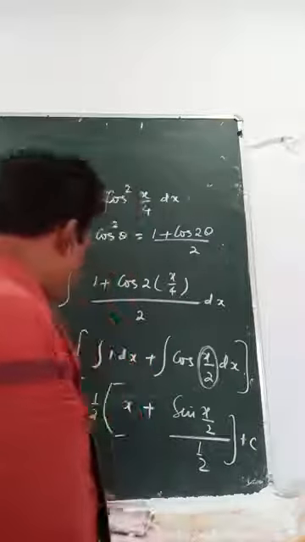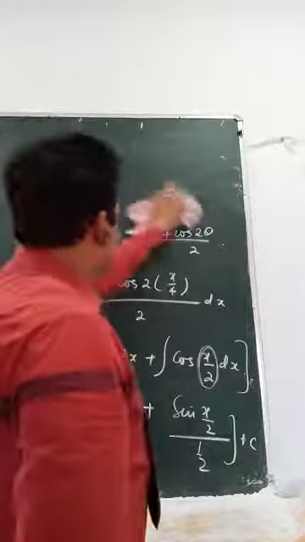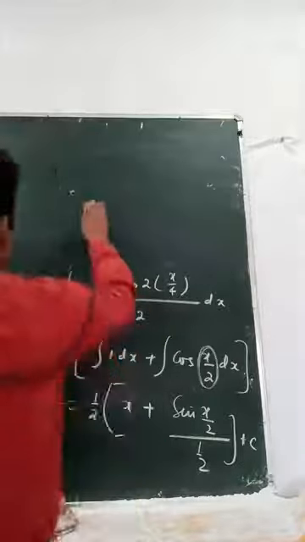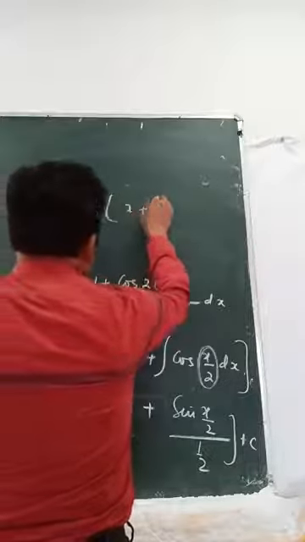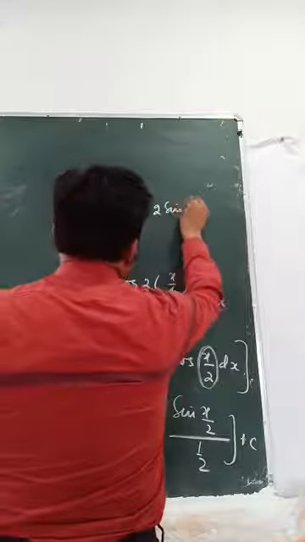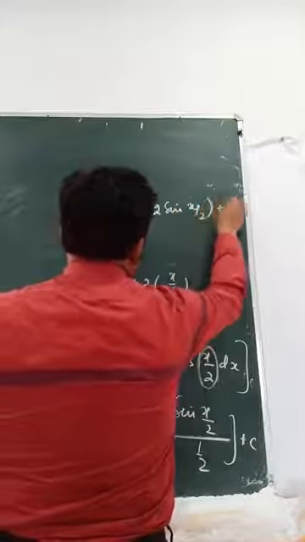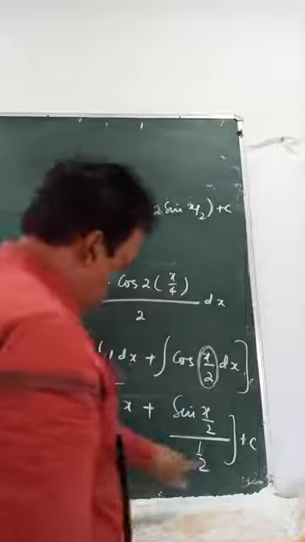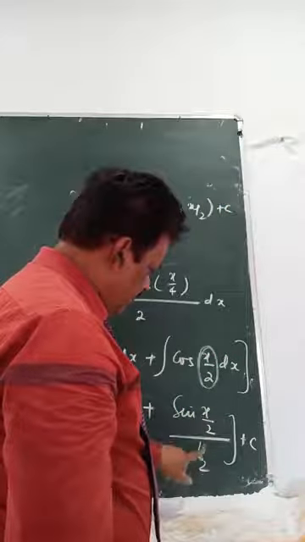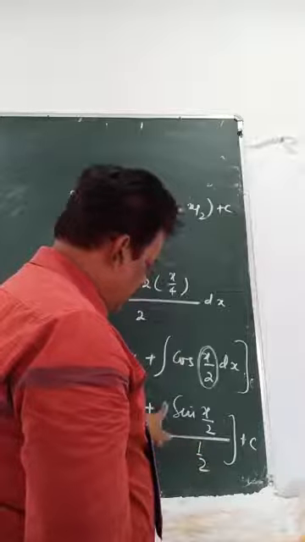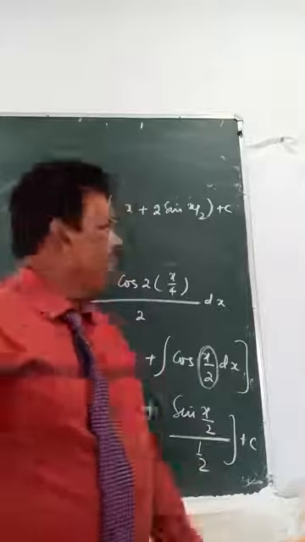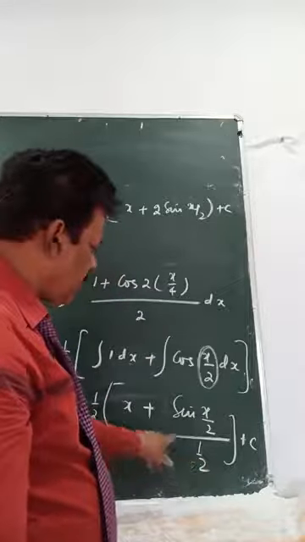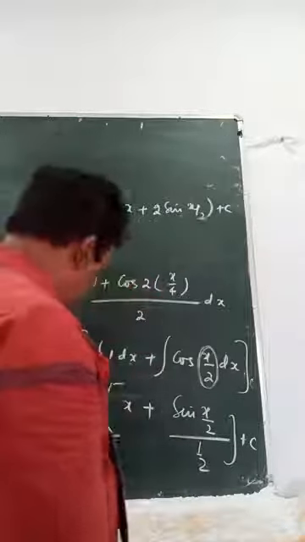So finally how much did I get? Half of x plus 2 sine x by 2 plus c. Don't cancel here because this is an angle. This is a number, it will be multiplied to this. Sometimes students just cancel here. That will be wrong. So this will be multiplied here. Okay, this is one pattern.